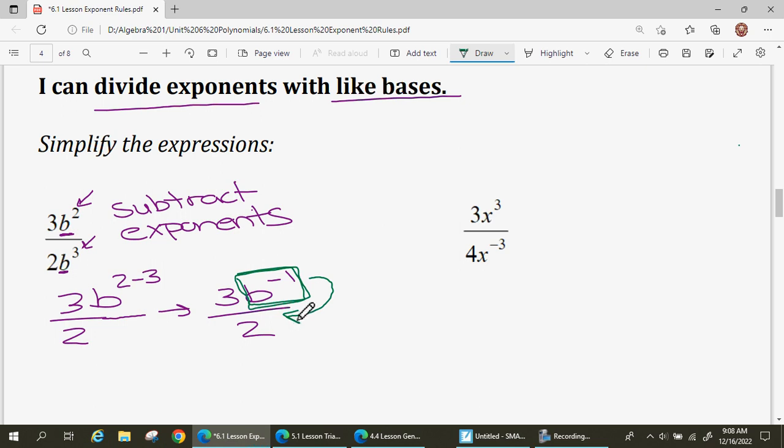Much like when we're solving equations, if we switch sides of the equal sign, we switch signs on our term. If we switch sides of the fraction, from the top of the fraction to the bottom, we will switch its sign. So we end up with 3 on top still, because that's the coefficient. It's not part of the power. 2 on the bottom, and then b to the positive 1.